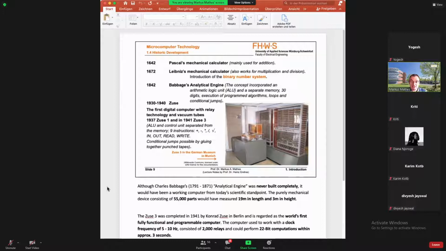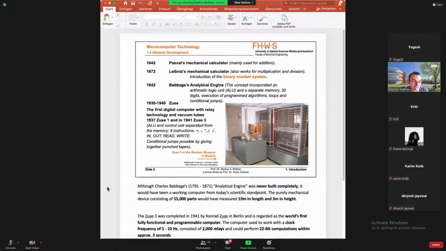We start in 1642 with Pascal's mechanical calculator. Calculator is maybe too much, because it's not a calculator like you know from your desk. It's simply used for addition. So to speed up addition, there was a mechanical calculator.